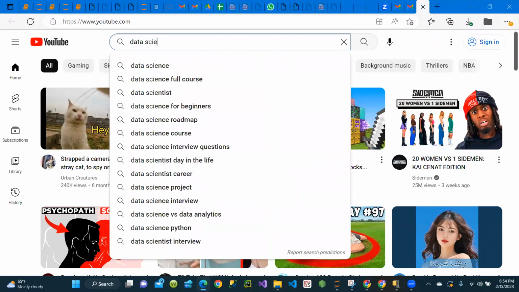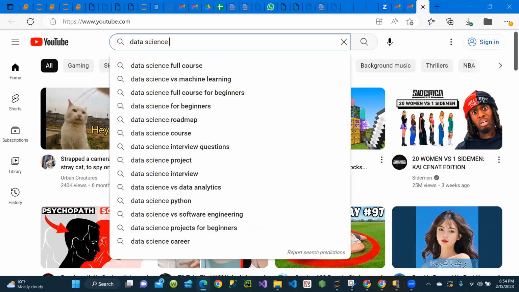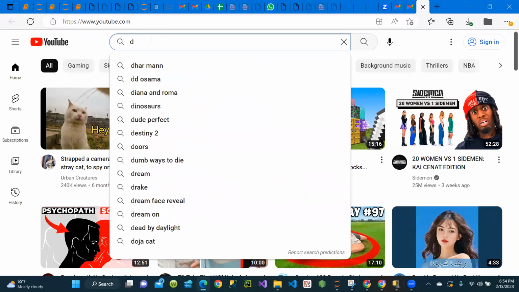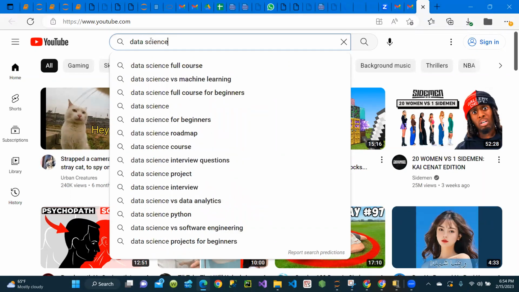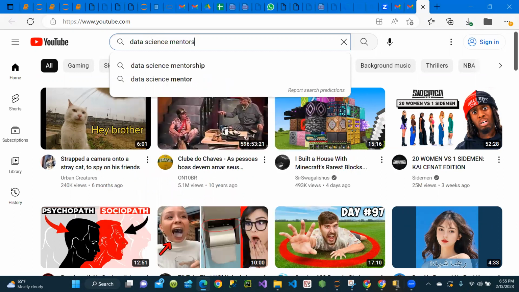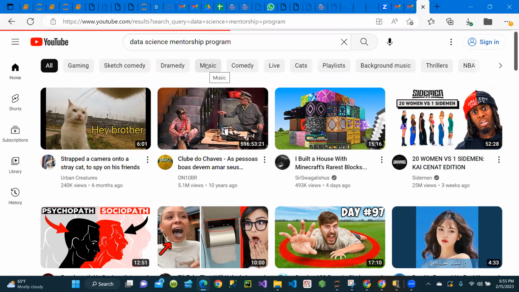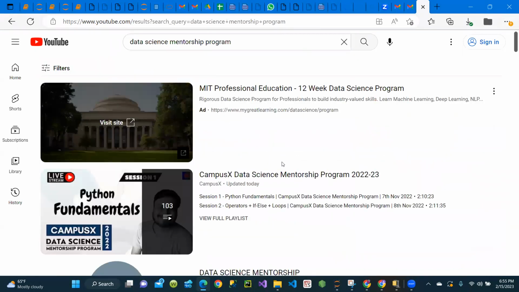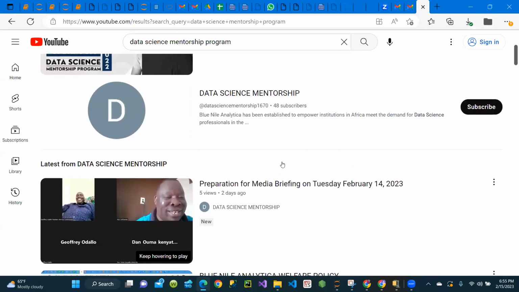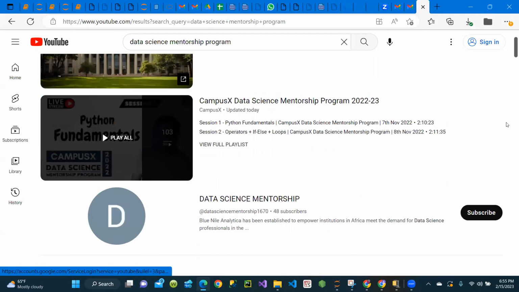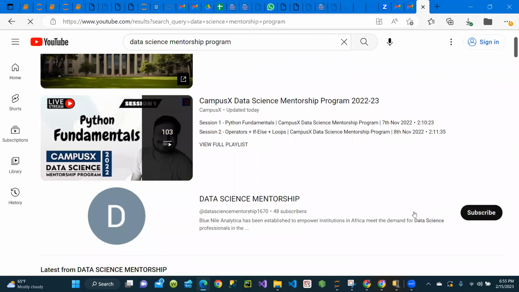Data science, data science mentorship program. And these things I'm doing, you see, you see these things I'm doing. Yes. The provost at Bui, who mentored me, and is asking me, this thing is asking me to subscribe, which means I'm getting in with a different.